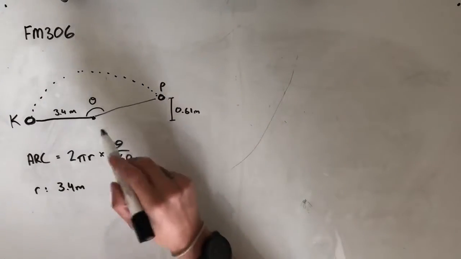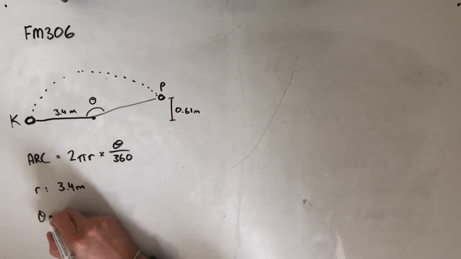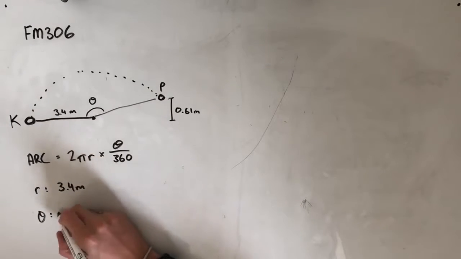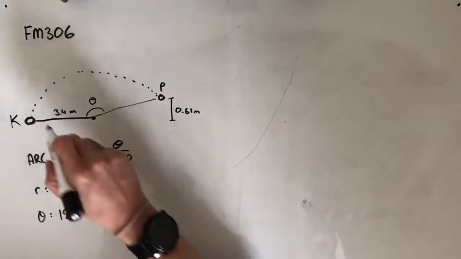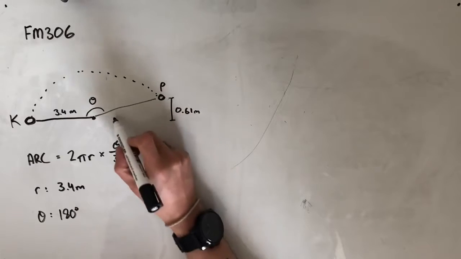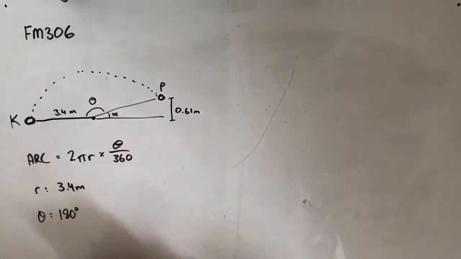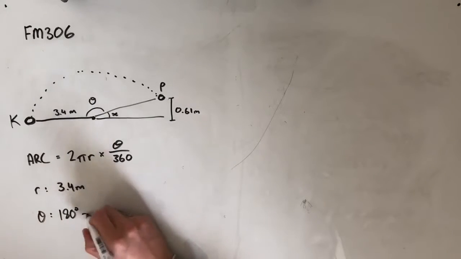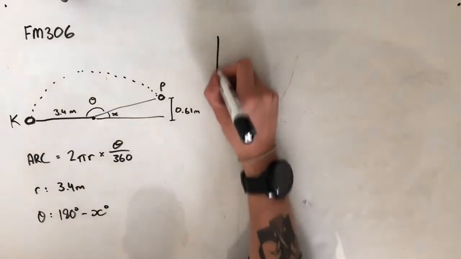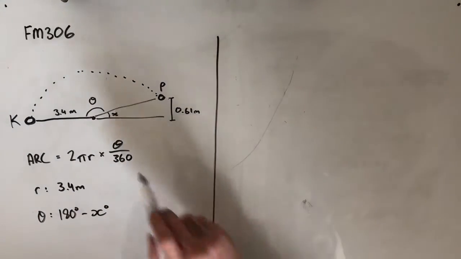That's helpful because to figure out this angle, we could look at theta being 180 degrees, so the length all the way along here, minus whatever this amount is here. So 180 minus x degrees.